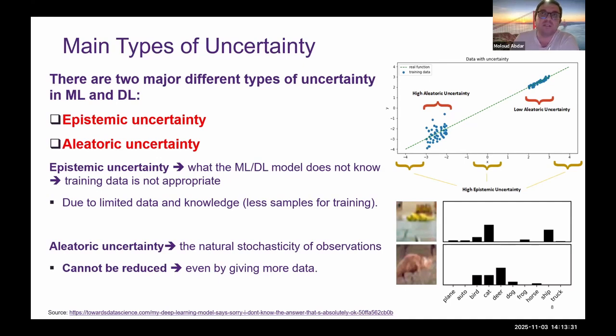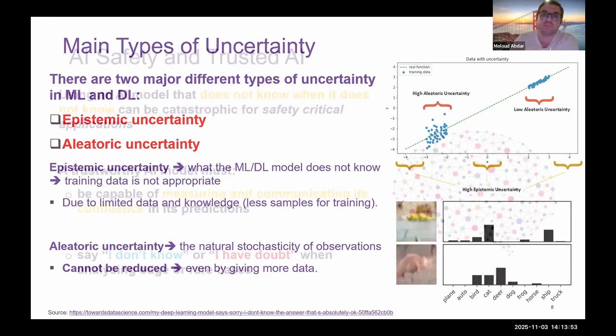So epistemic uncertainty is reducible. On the other hand, aleatoric uncertainty is the natural stochasticity of the observation and cannot be reduced even when we give more data to the model. So as I mentioned, epistemic uncertainty can be reduced while aleatoric uncertainty cannot be reduced.